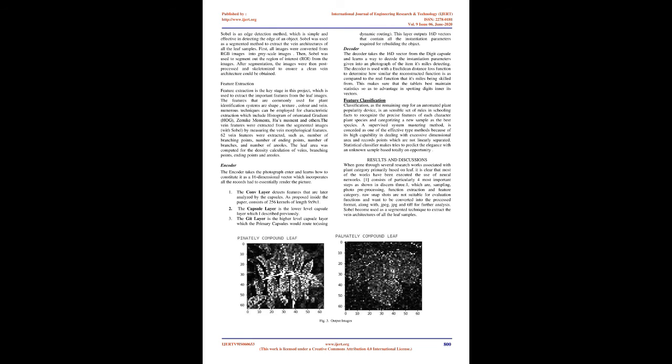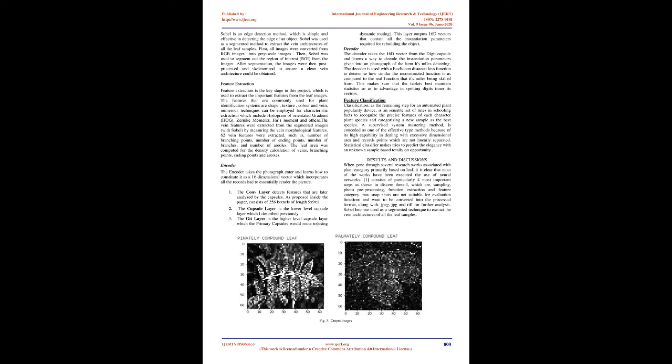First, all images were converted from RGB images into grayscale images. Then, Sobel was used to segment out the region of interest, ROI, from the images. After segmentation, the images were then post-processed and skeletonized to ensure a clean vein architecture could be obtained.